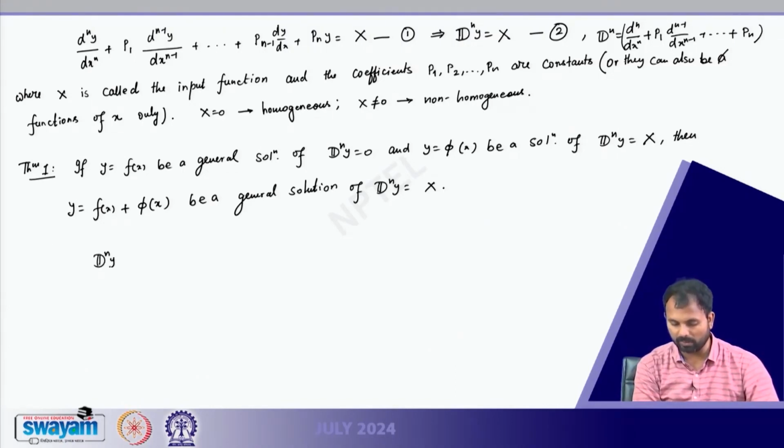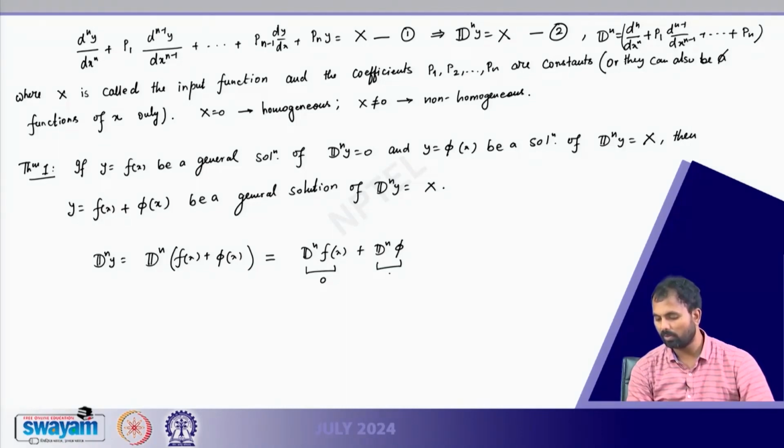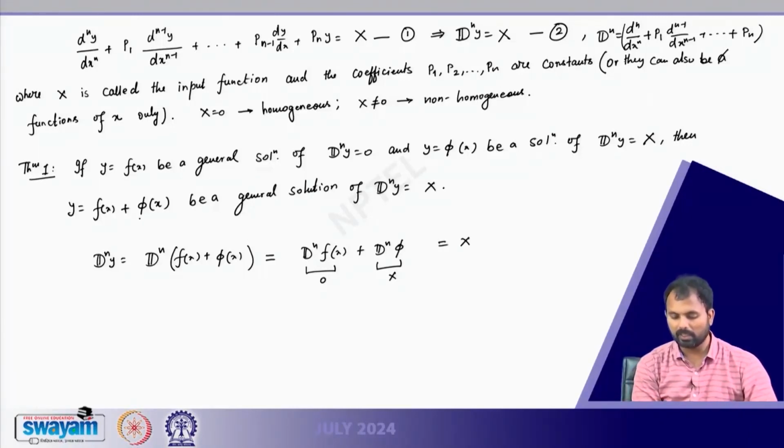We can have D^n y = D^n of (f(x) + phi(x)), right, and this is D^n f plus D^n phi. But f is a solution of D^n y = 0, so that means this will become 0, and phi is a solution of the other equation, so this will become X. Therefore, this implies that y = this modified f(x) + phi(x).